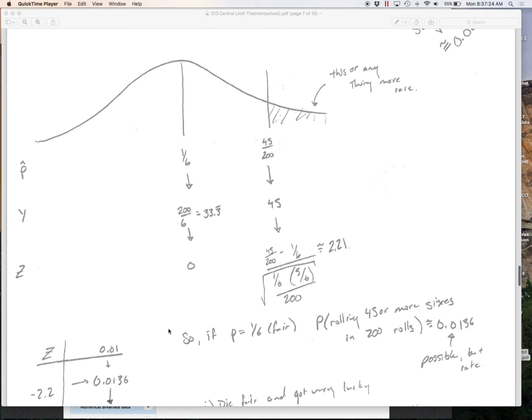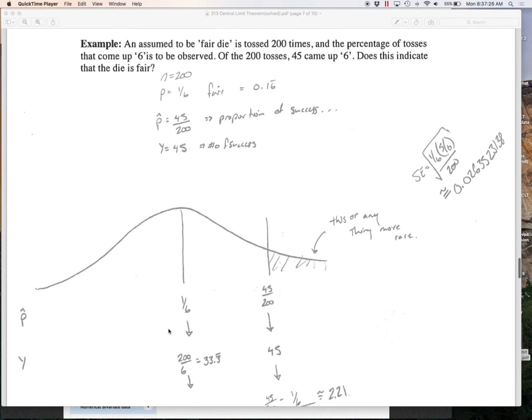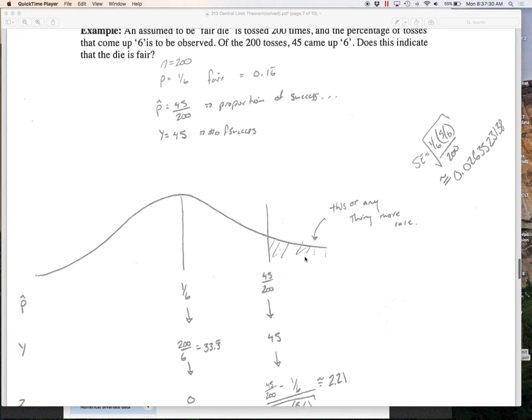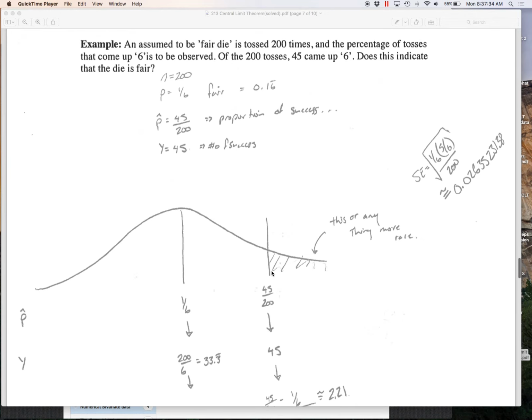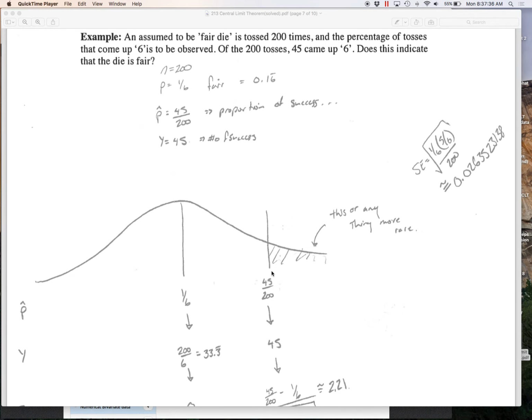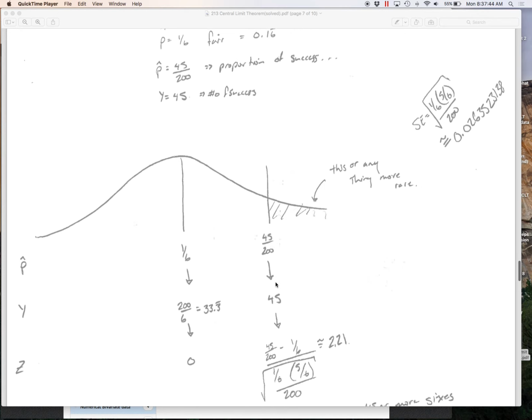So the question here is, did we get a rare sample? Because this is so small, 1%, the answer is yes, we got a very, very, very rare sample. So there are 2 possibilities. Either our die is not fair, and that explains why we got so many 6s, or our die is fair, and we just happen to see a very rare case.